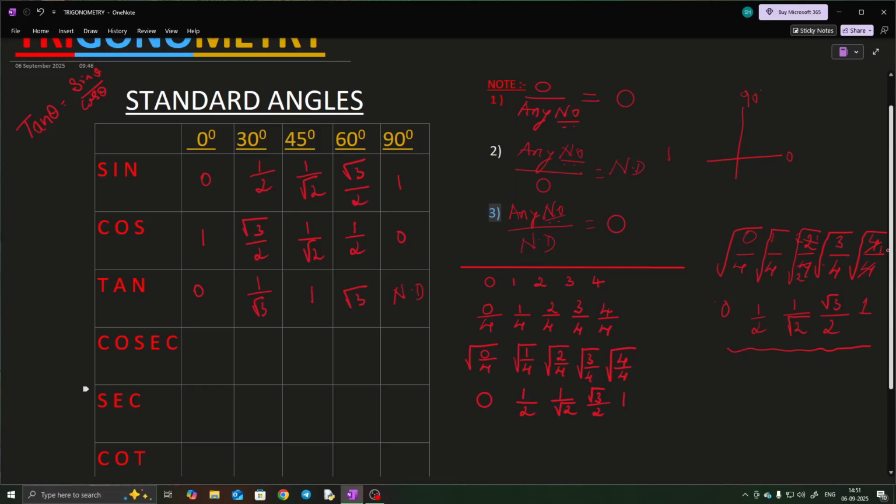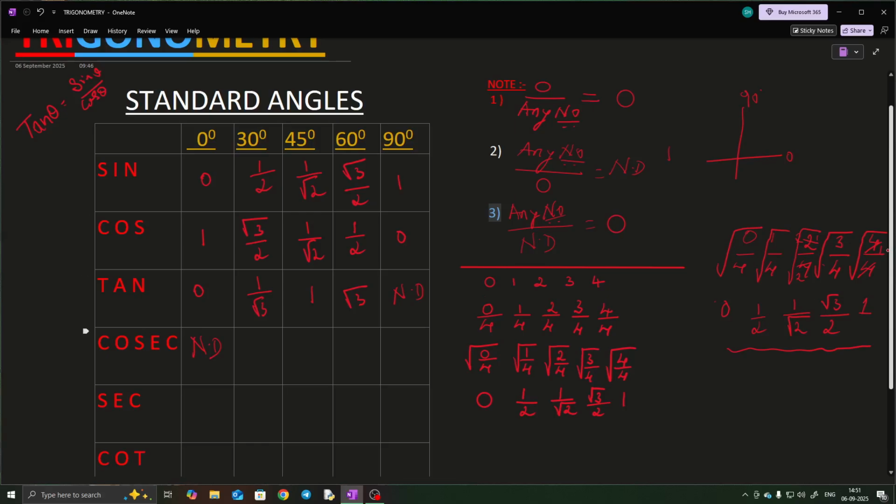Now, as we did earlier in reciprocal ratios, sine reciprocal is going to be cosec. So we are just going to take the reciprocal of the values of sine for the cosec values. Sine 0 is 0, that is 0 by 1. When you reciprocate it, it becomes any number by 0. Any number by 0, as you know, is not defined.